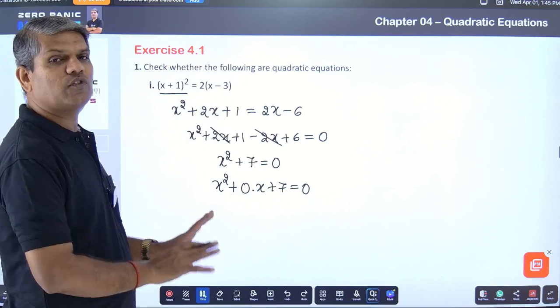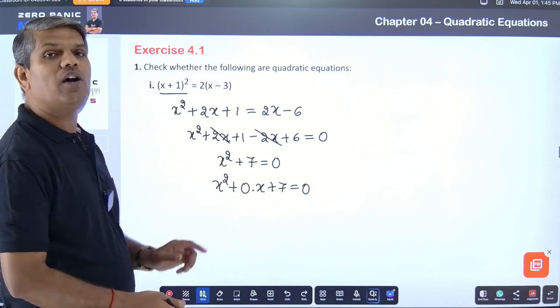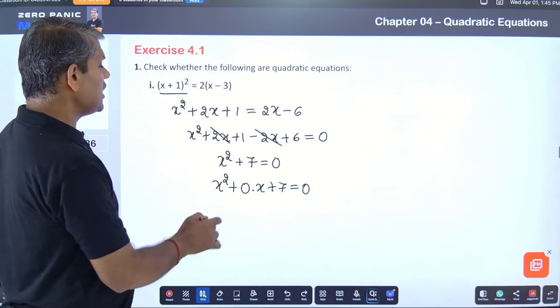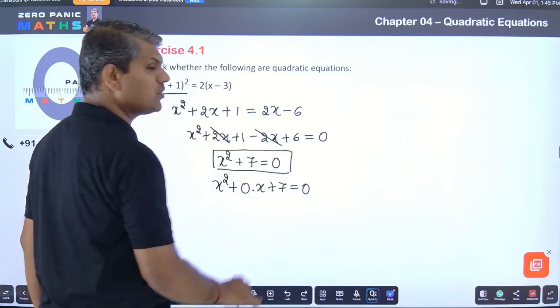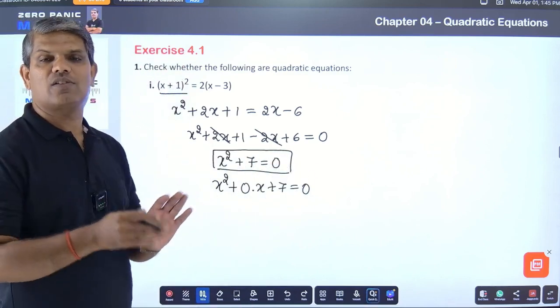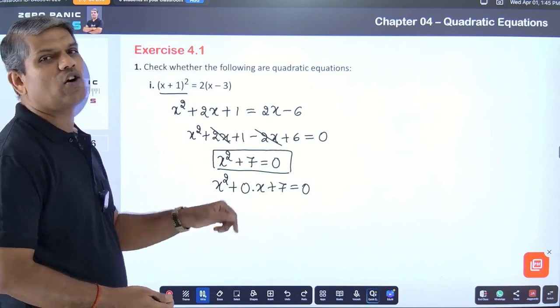So it is of the form ax square plus bx plus c, where b is equal to 0. Just by looking at the number of terms here, if the number of terms is 2, you should not say that it is not a quadratic format. So this is a quadratic format.